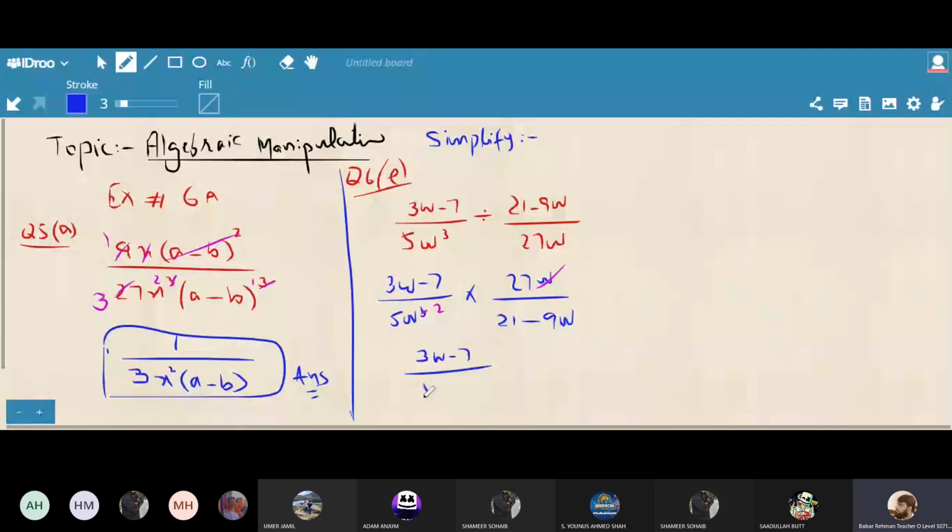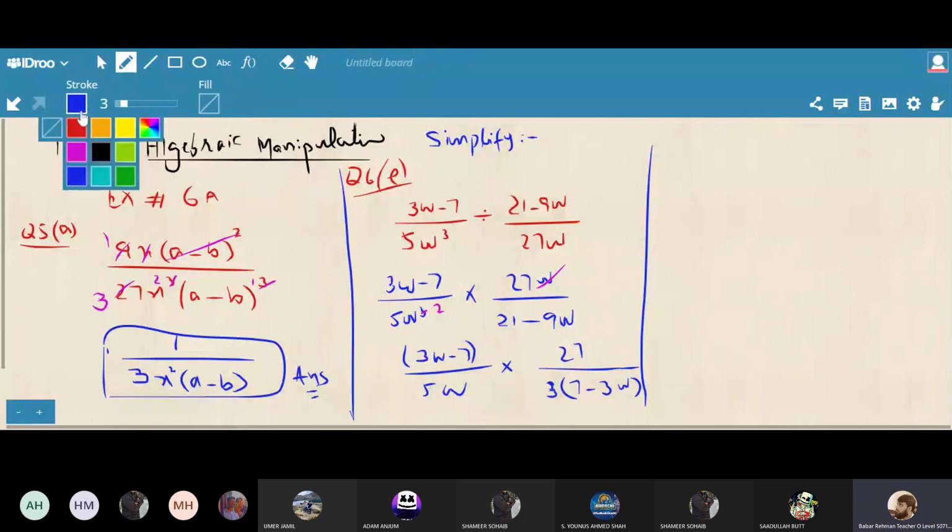So 27 upon 9, 9 is the common. And in the numerator, 3 is common: 3 times (7 minus 3W). Now students remember, this is 3W minus 7. Okay, now can this be cancelled or not? First, let me simplify this.